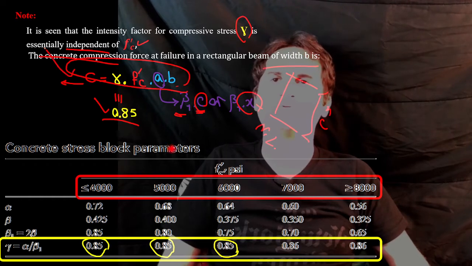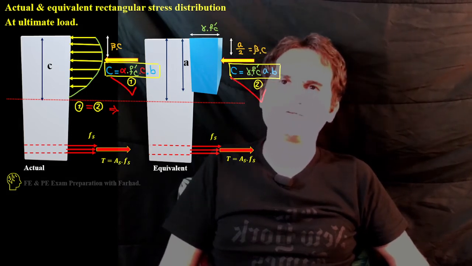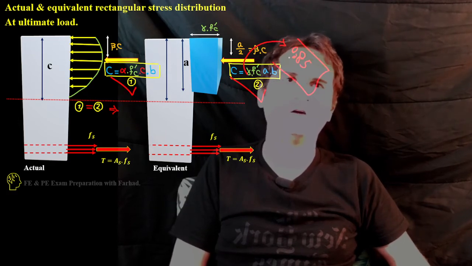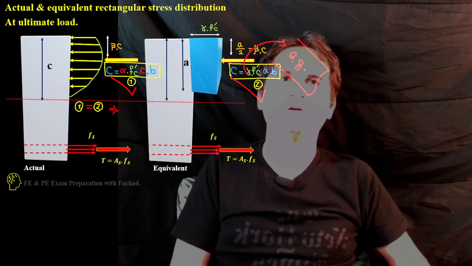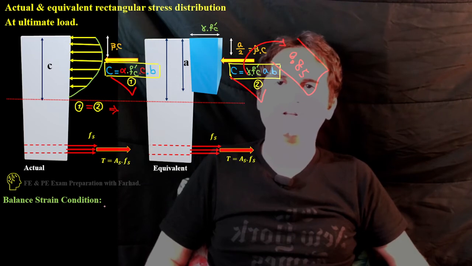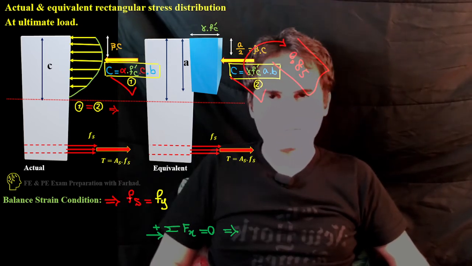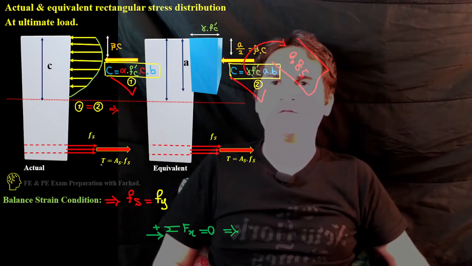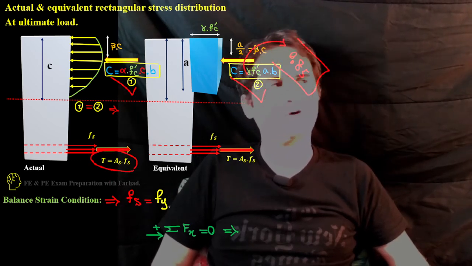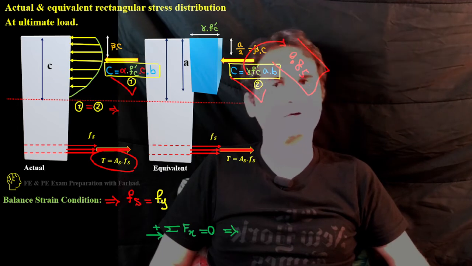It is this equation. So we know A is this one, and also gamma from the previous slide can easily be replaced by 0.85. In a balanced strain condition, Fs goes to Fy. When the tensile part down at the rebar goes to yield, that's Fy, the stress for steel rebars.